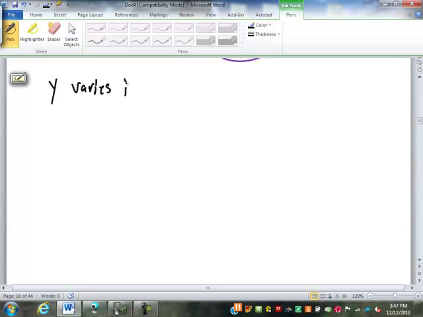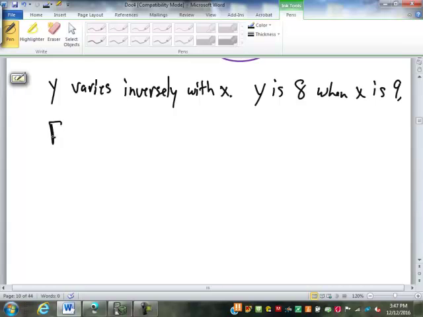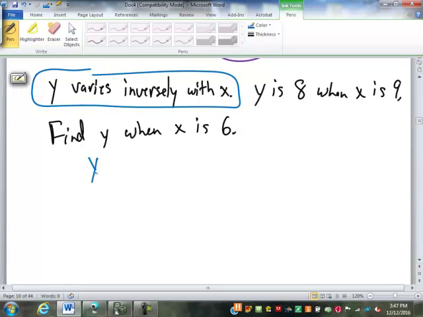Let's say y varies inversely with x. Y is 8 when x is 9. Find y when x is 6. So again, y varies inversely with x is just y equals the constant divided by x. Y is 8 when x is 9.